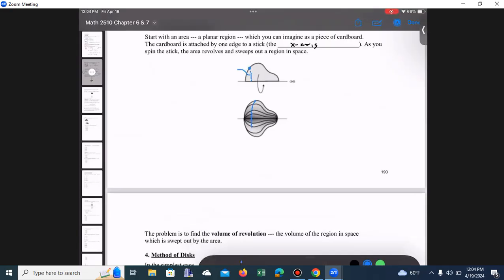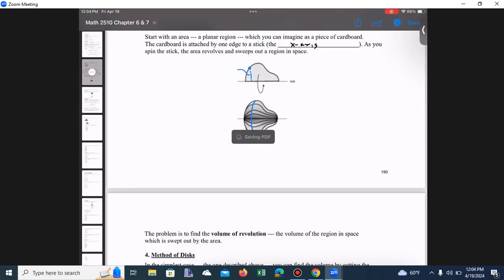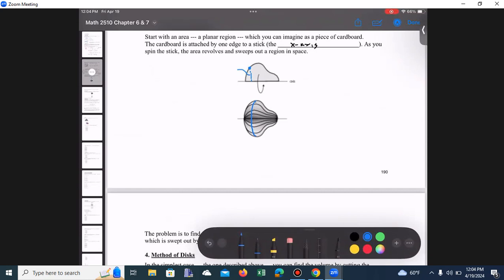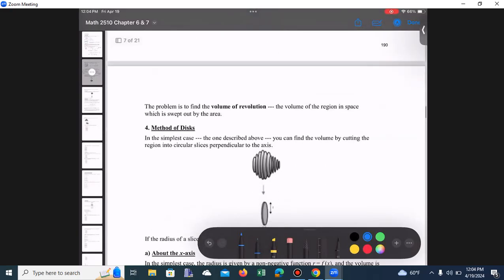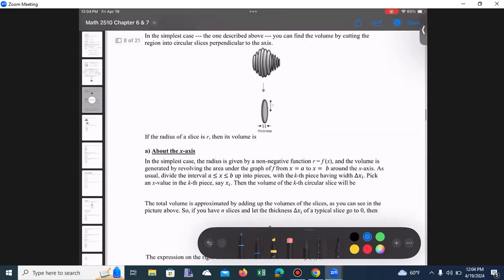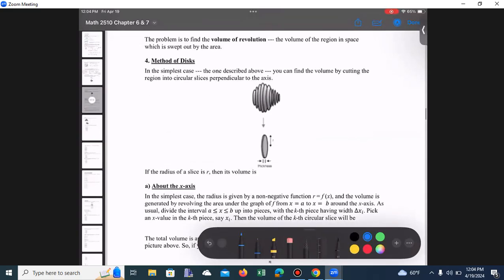So we take one disc, radius is just that section of it, 0 to the function. So we have what a radius is going to be as we spin this around, and this disk is then going to have a cross-sectional area that is pi r squared, which is pi the function squared.